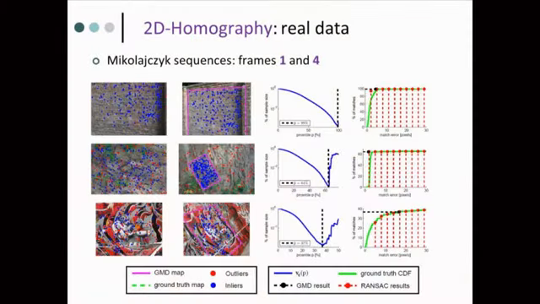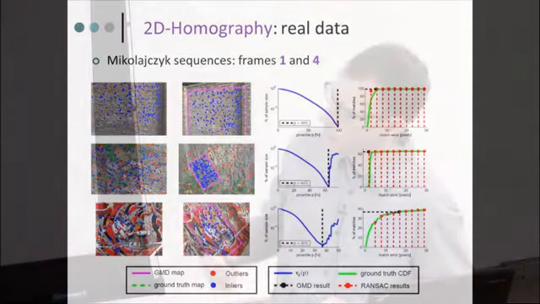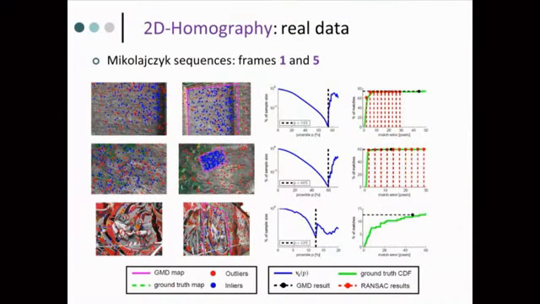So these are some other examples, frames 1 and 4 from 3 of the different sequences. And again, the same kind of results that I showed before. Now if I move from frames 1 and 4 to frames 1 and 5, you can see that the inlier rates drop here.